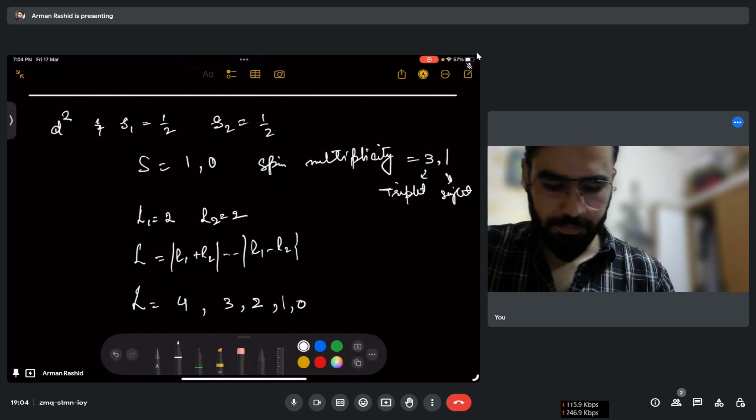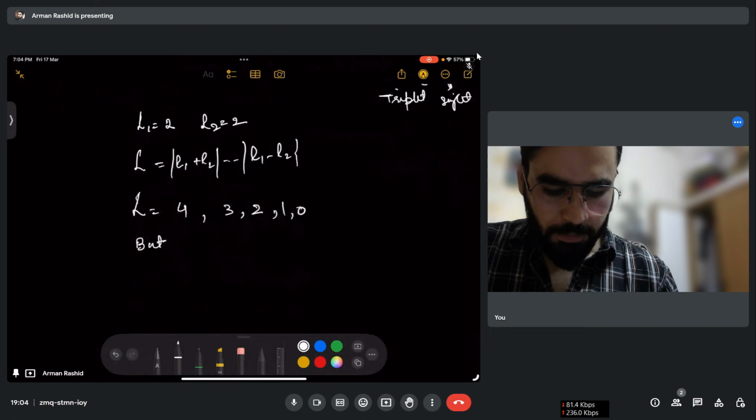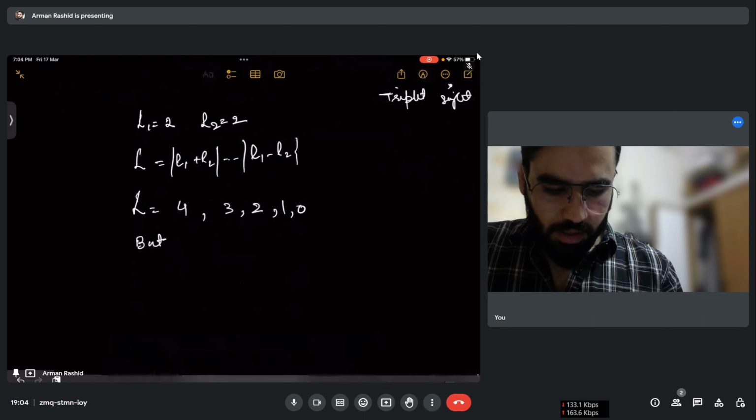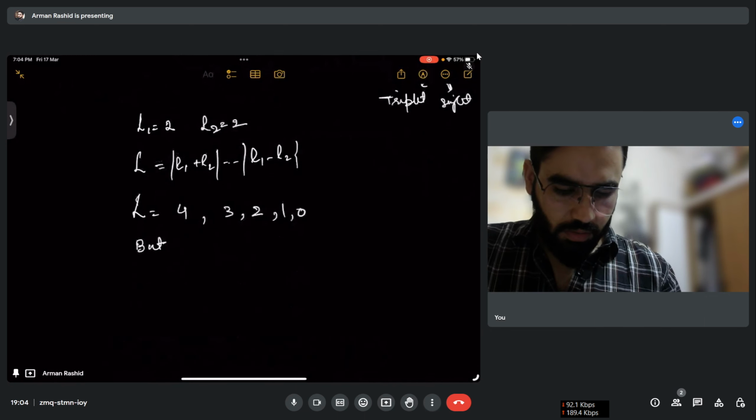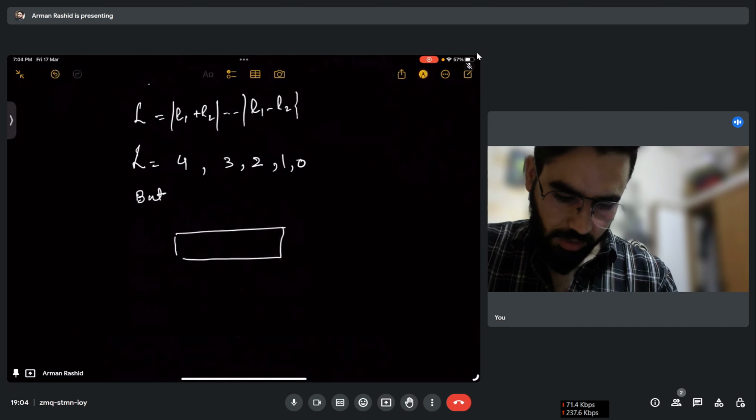But if you see this state, we have taken a d orbital. I will try to plot this. This is our d orbital: 1 2 3, 1 2 3 4, 1 2 3 4 5.